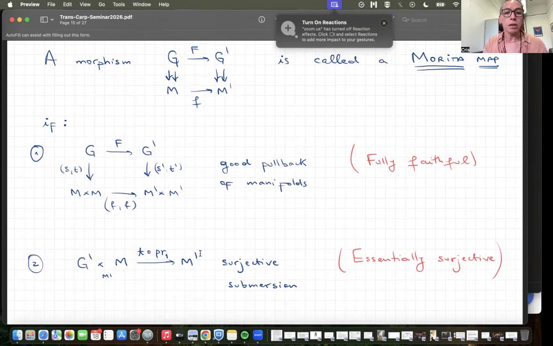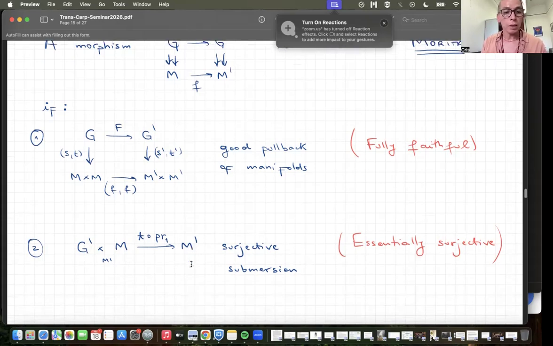So this means that if you take an object in M prime, this guy is not necessarily in the image of F, but it is isomorphic to someone in the image. So there exists an arrow in G prime, someone in M, and this arrow in G prime connects the image of the guy in M with the guy that you already fixed in M prime, right? So that means being essentially surjective.